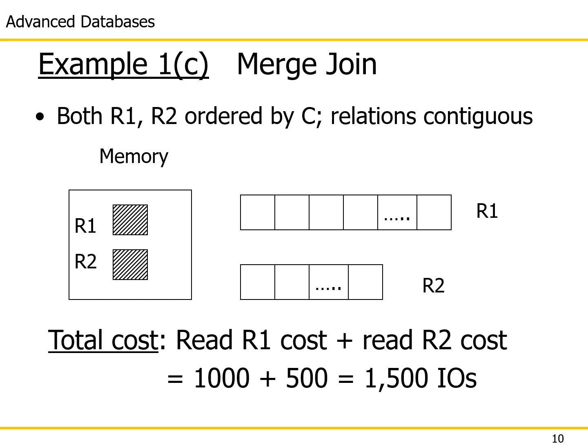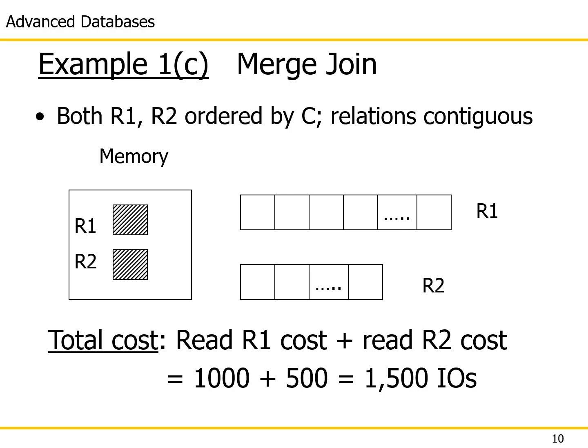R1 had 10,000 rows, stored 10 rows per page, so 1,000 pages, so 1,000 IOs. R2 had 5,000 rows, again 10 rows per page, so 500 IOs to read all of R2.